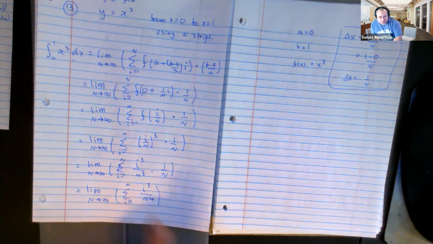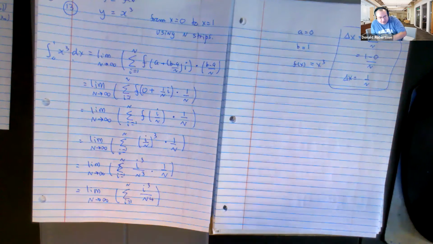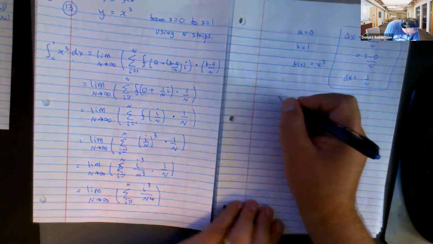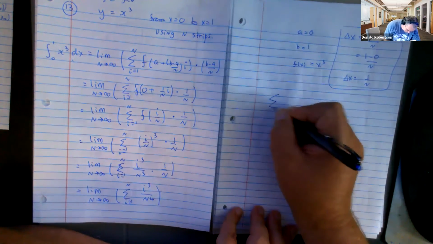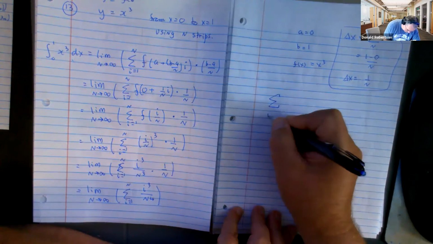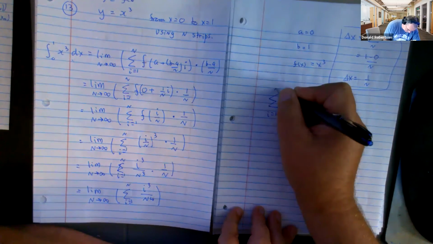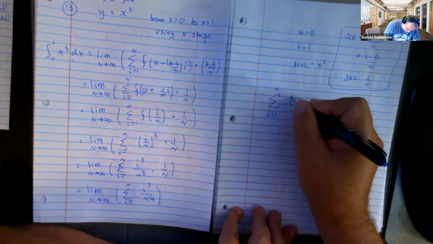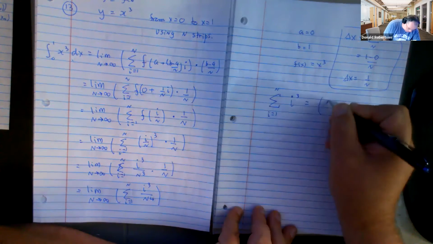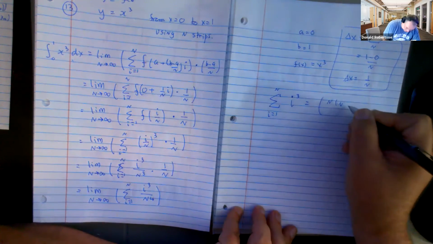Okay. Now, you normally would have said, well, that's it. I don't know what you get if you add i cubed over n to the power of 4 from 1 to n. Who knows what that is? And so they're kind of generous to you. In the question, they tell you this thing, and you just say, oh, thank you, I didn't know that.